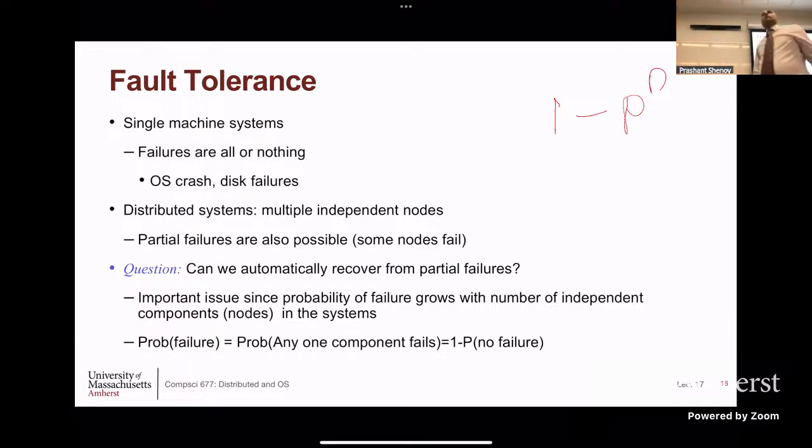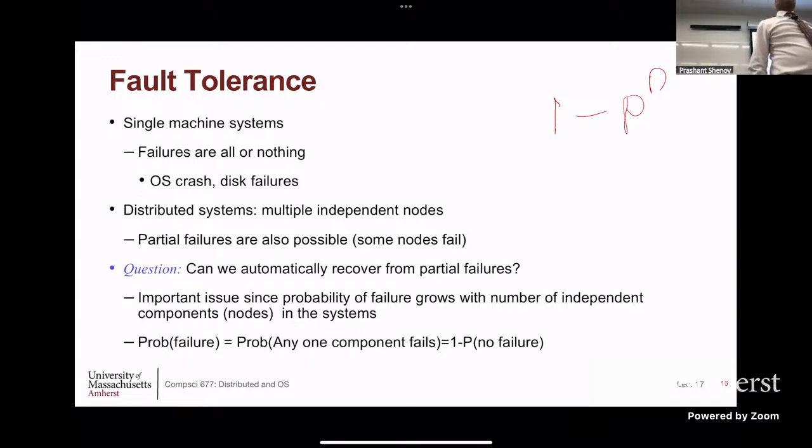What does this tell you? In any large-scale system, failure is actually a common case, not an uncommon case. If you have one machine, you don't expect your laptop to fail as the common case. The common case is that you expect your machine to work, and maybe something goes wrong once in a while and it might fail. But you may have a system with 100 machines. The chance of one machine failing is now not insignificant. With 10,000 machines, the probability that some machines have failed is almost guaranteed.